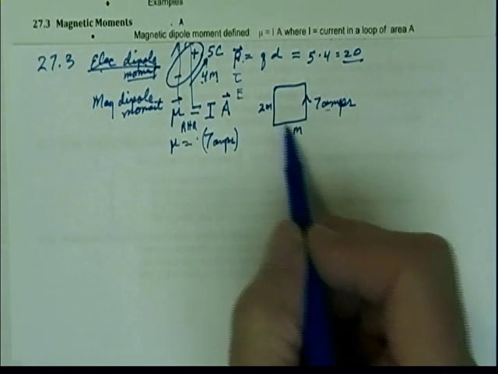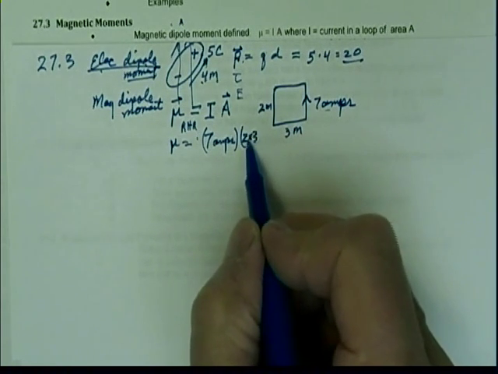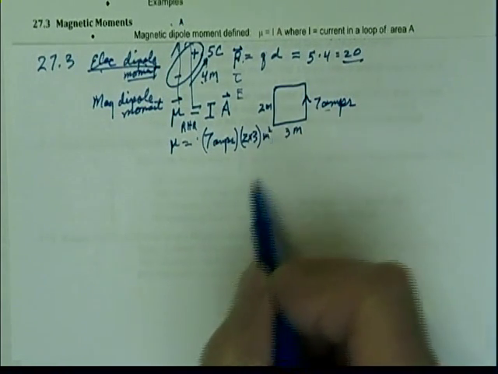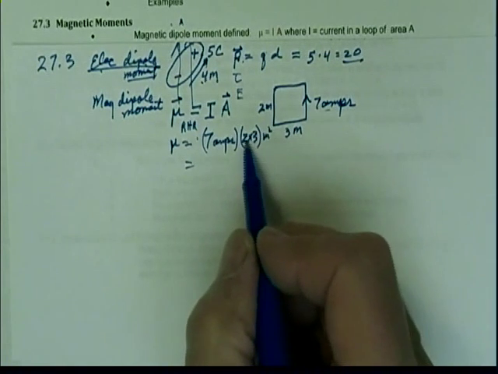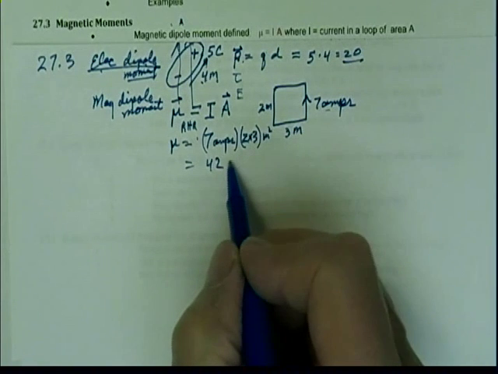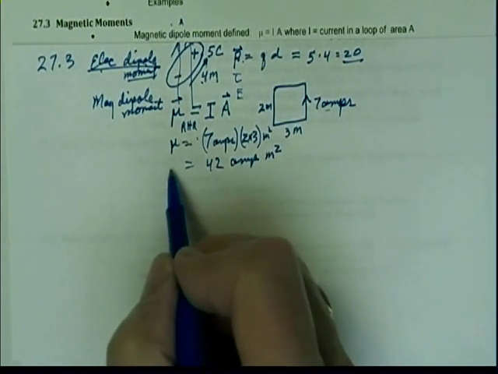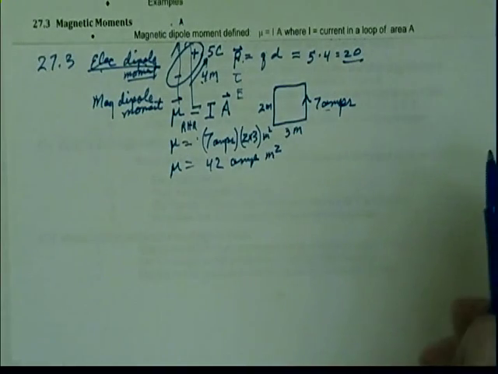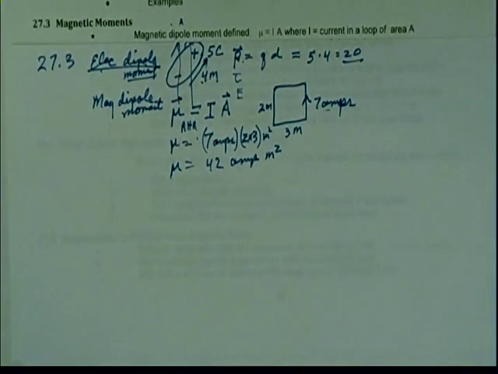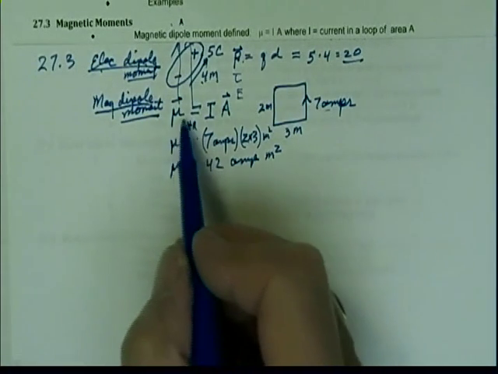This is a rectangle, 2 by 3, so this is going to be 2 times 3 square meters, which is 6. 6 times 7 is 42, and this is amps times square meters, and this would give us mu. So that's how we calculate our magnetic dipole moment.